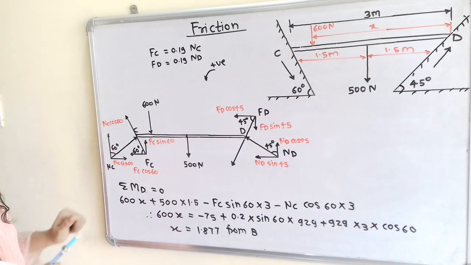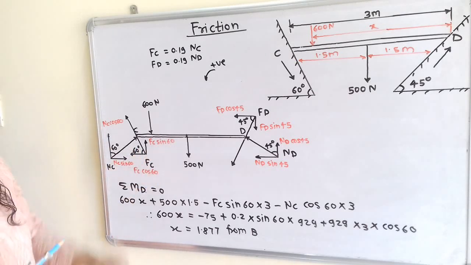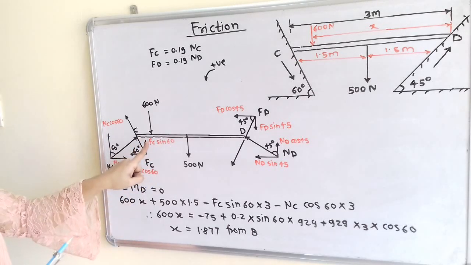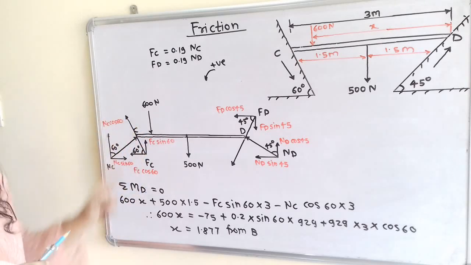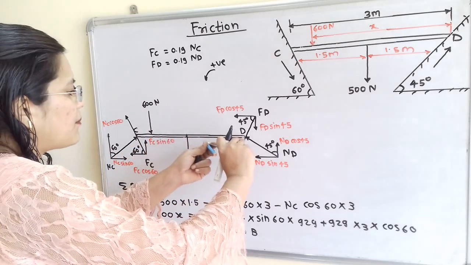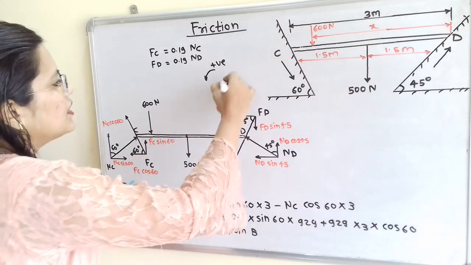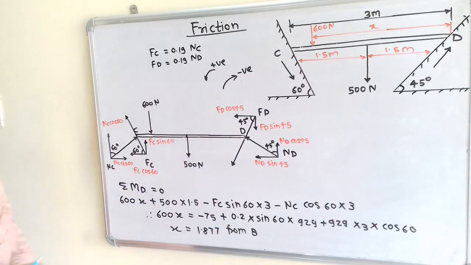Then we will move to the next, that is FC sine of 60. If we observe, this FC sine of 60 is in the vertical upward direction. If I move the compass in the vertical upward direction, then it is the clockwise direction and we have to use the opposite sign, that is the negative sign.